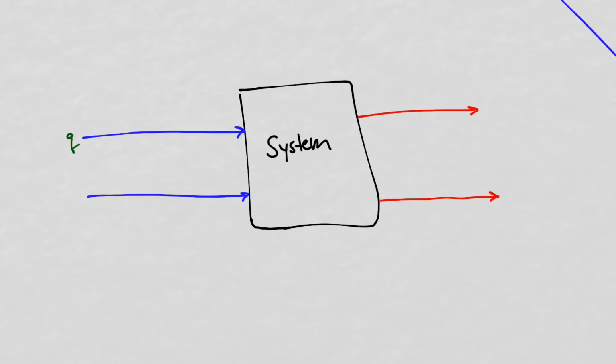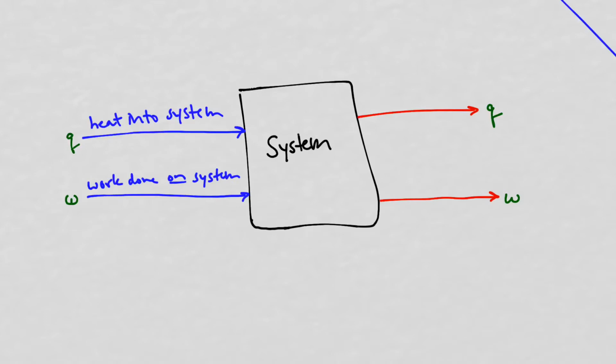These top arrows are going to be Q. These bottom arrows are going to be W. And we're just going to label them as such, right? So this Q is going to be heat into the system. This W is going to be work done on the system.